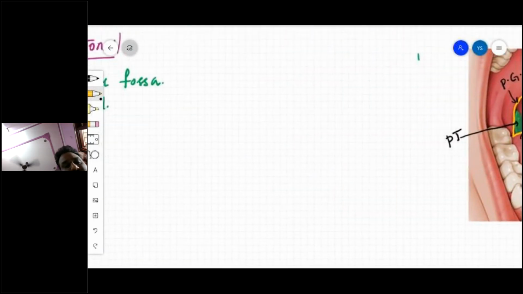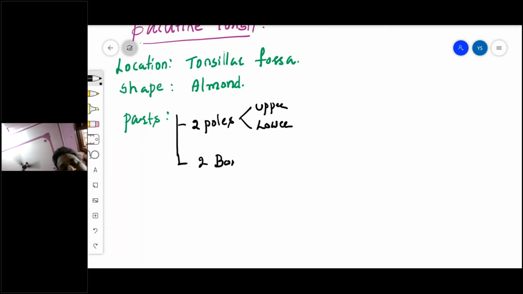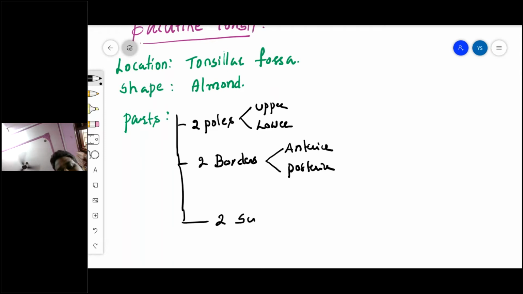If you read the parts, first we start with the two poles, those are upper and lower, and two borders, anterior and posterior, and two surfaces. These are the parts.